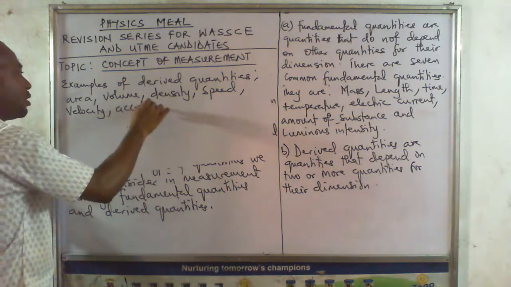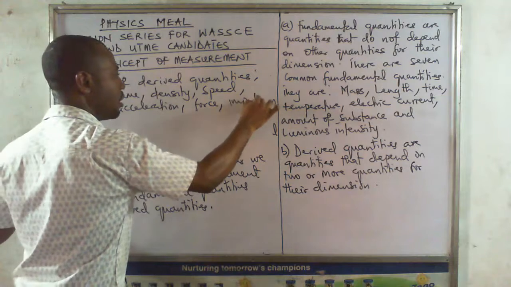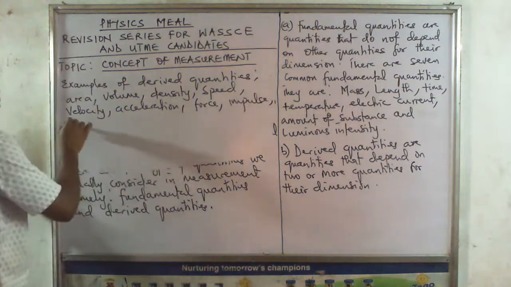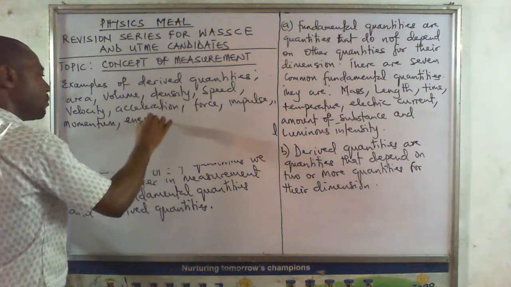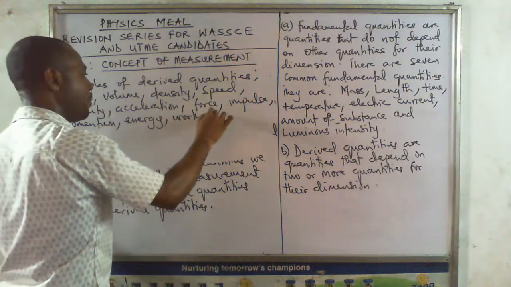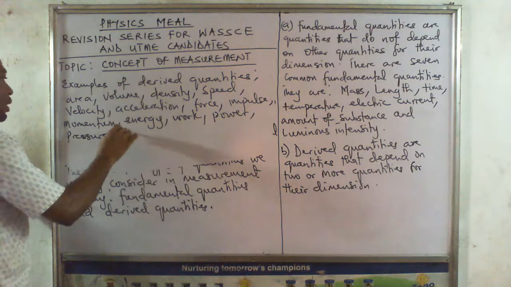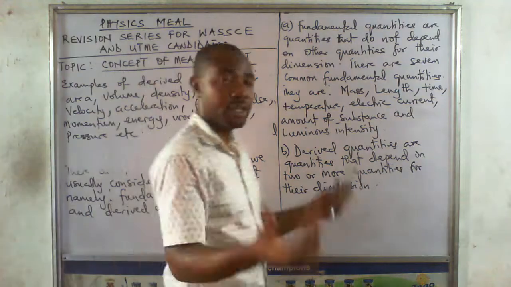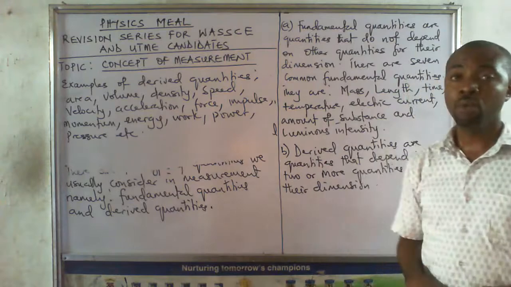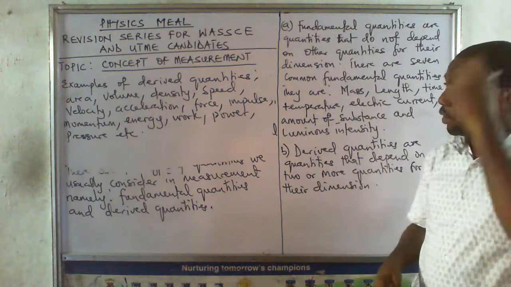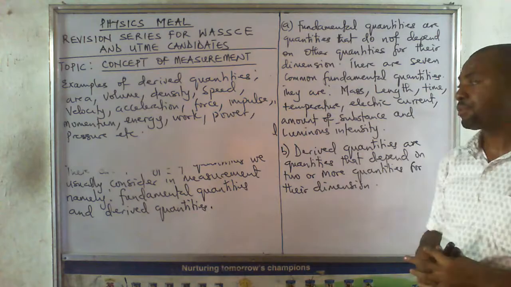Acceleration is derived. Force, impulse, momentum, energy, work, power, pressure, etc. There are so many of them, so we can go on and on. All these are derived quantities because they depend on other quantities for their dimension.